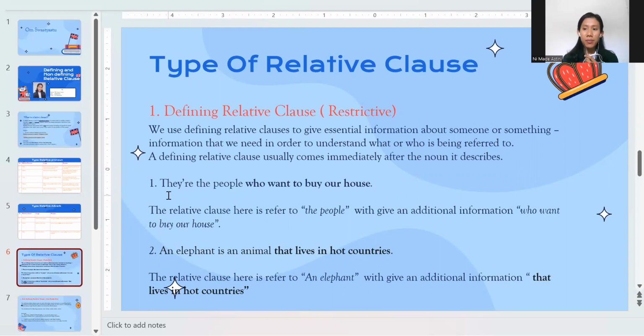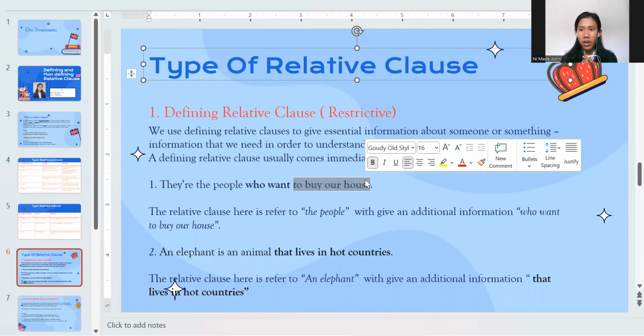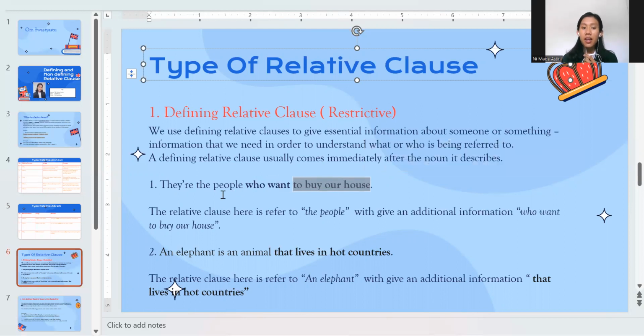Number one, please pay attention to the example here. They are the people who want to buy our house. So who here is referred to the people, and it's added by additional information, want to buy our house. So we can understand the sentence clearly that the people are the people that want to buy the house.